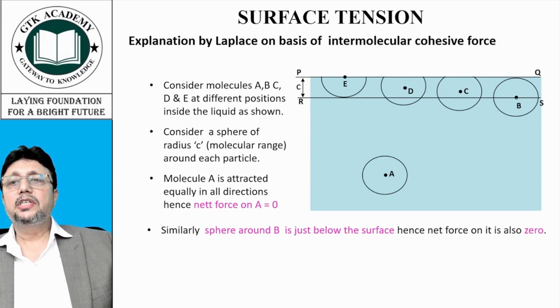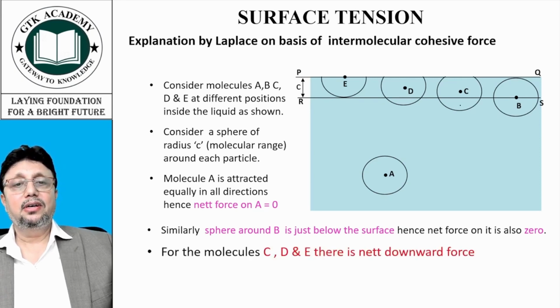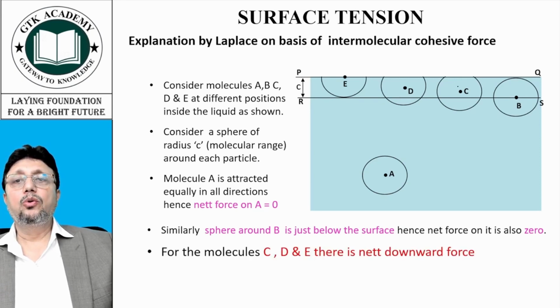Similarly, since B is just about to touch the liquid surface, but this sphere is intact, the net force on B will also be 0. But for molecules C, D, and E, you can see this portion of the sphere is absent.